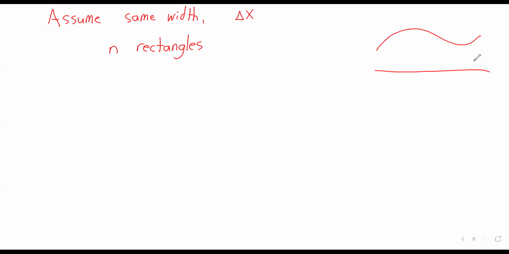Where we're cutting up into intervals, so n is 1, 2, 3, 4, 5 here. So delta x is going to be b minus a over n. Here's a, here's b. So b minus a is the length of the interval, and we're cutting it into n equal pieces.